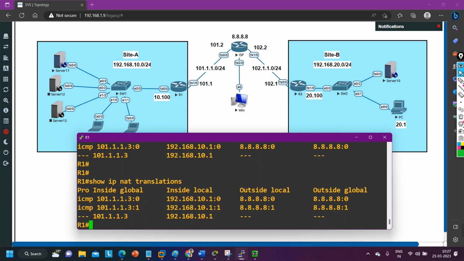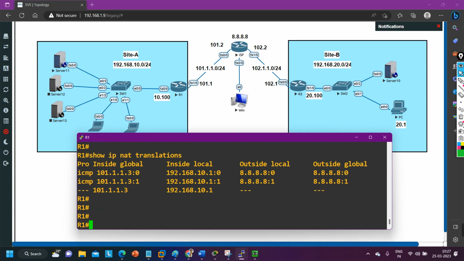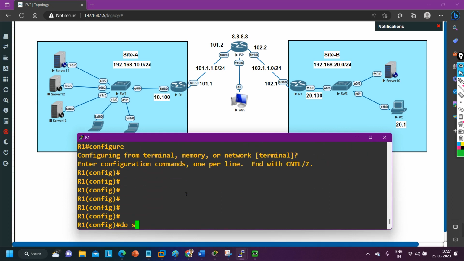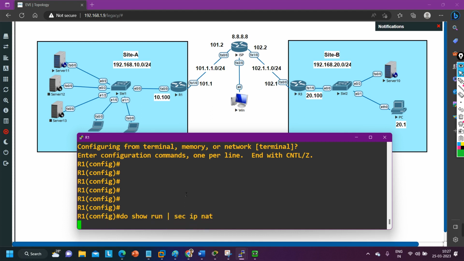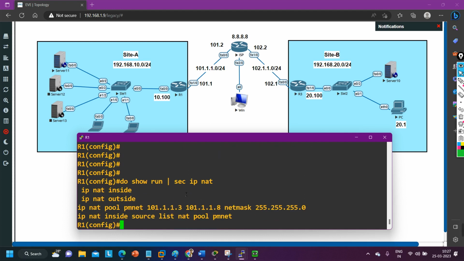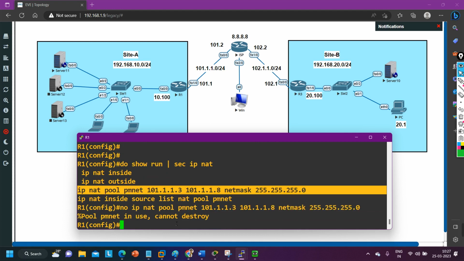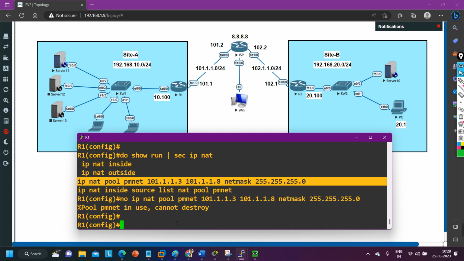So let me take you on router number 1. I am going to remove the dynamic NAT from here. Config t, do show run section ip nat. I am going to remove dynamic NAT.